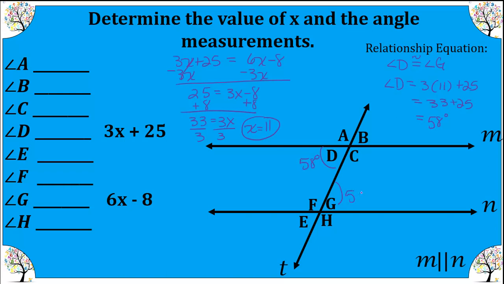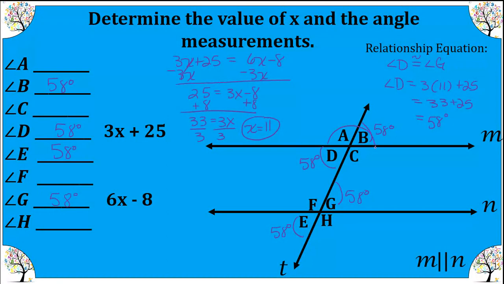Therefore, G is also 58. What else is congruent to G and D? Well, G and B are corresponding. G and E are vertical. And then we have all the other measurements that are congruent to each other.